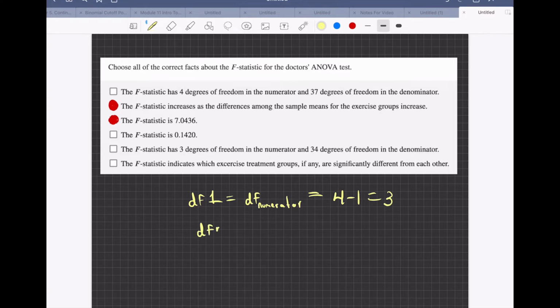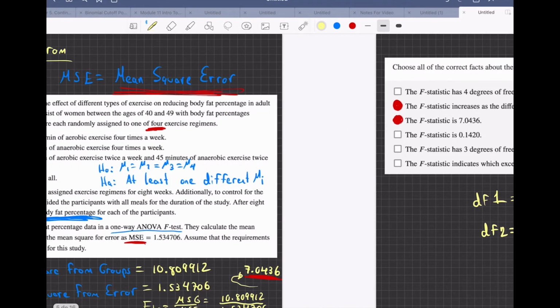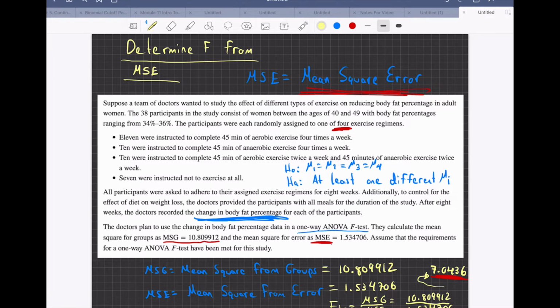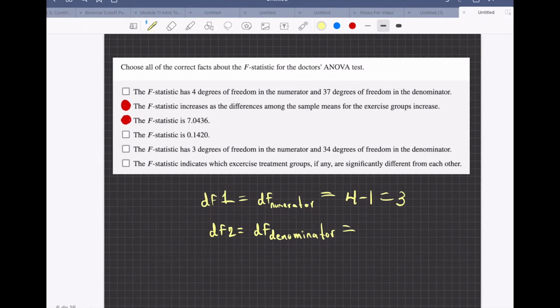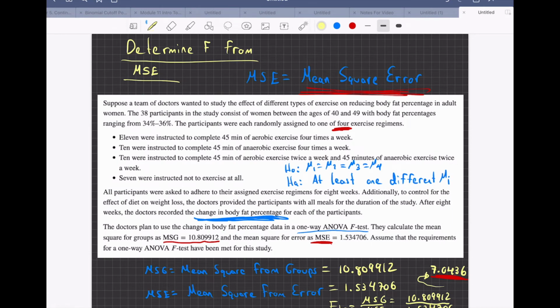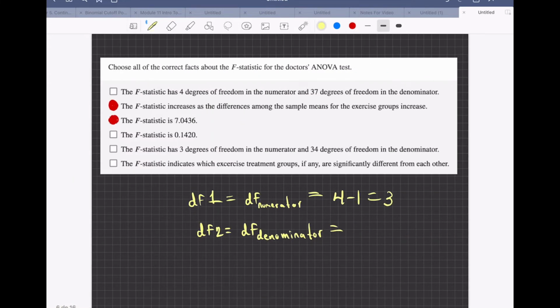And the degrees of freedom 2, that is also called degrees of freedom from the denominator, is the total number of values, that is 38 participants, minus the number of categories. 38 minus 4, 34.